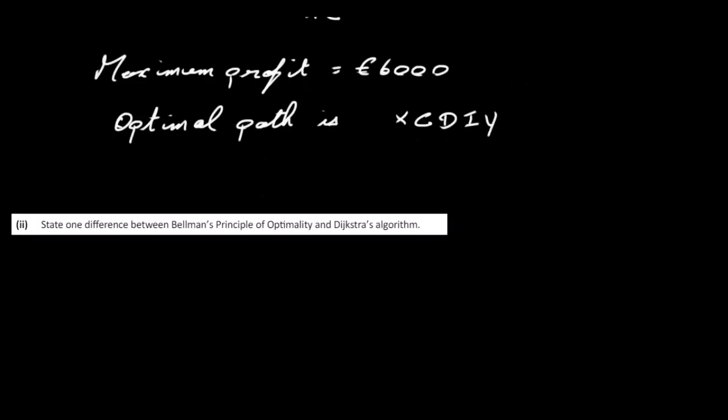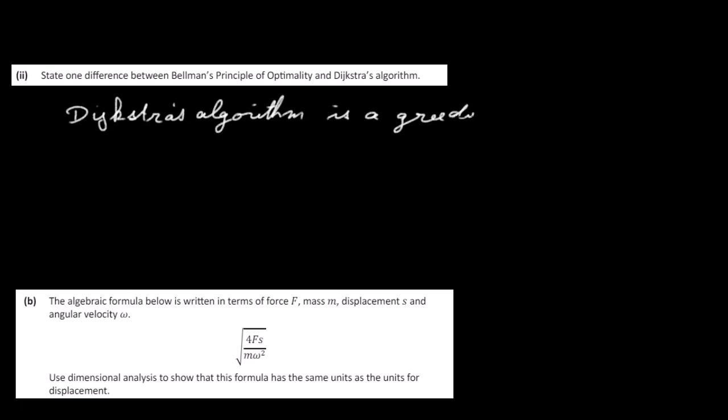Let's have a look at part 2. What have we got to do? We've got to state one difference between Bellman's principle of optimality and Dijkstra's algorithm. So I'm just going to state one here. I'm going to say that Dijkstra's algorithm is a greedy algorithm. Bellman's is not.